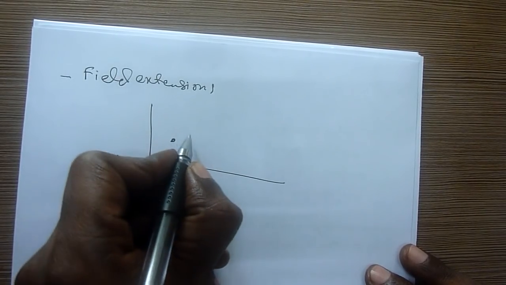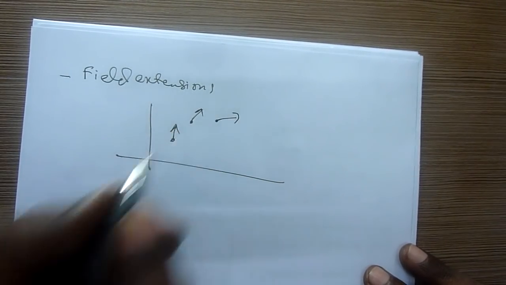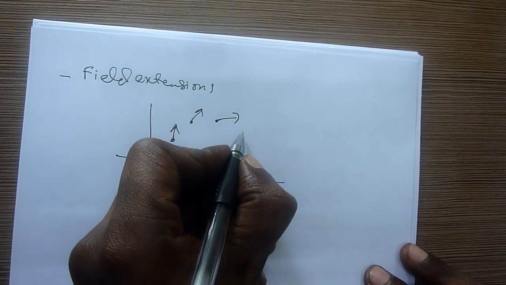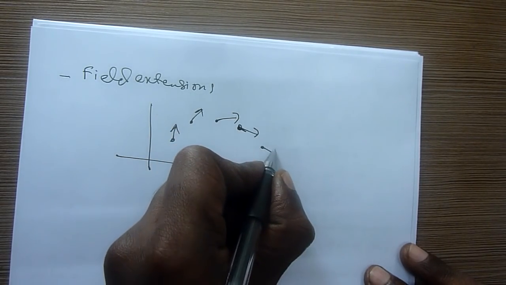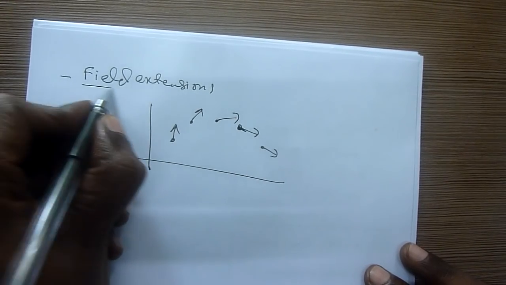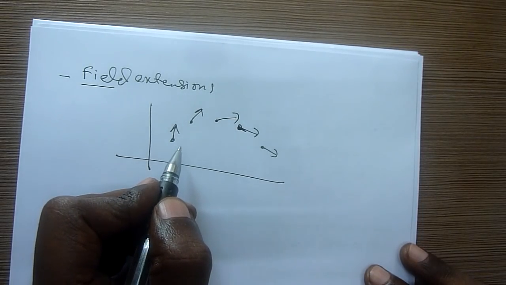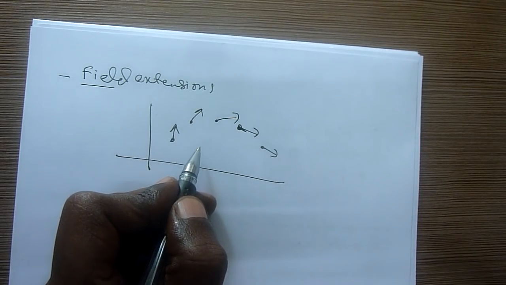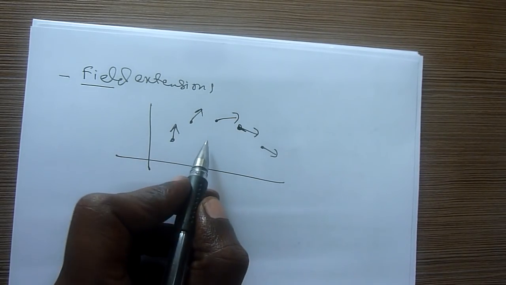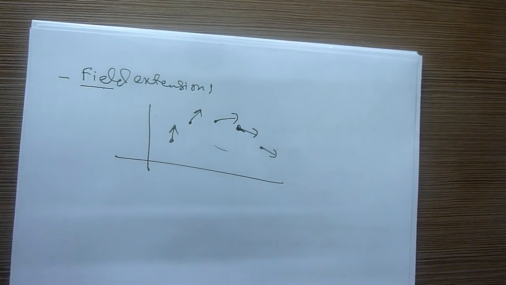A field extension is able to identify particular particles. We can monitor the progress of the particle as a field. That means we are able to identify the movement of any particles or any object in the space, and we call it a field.